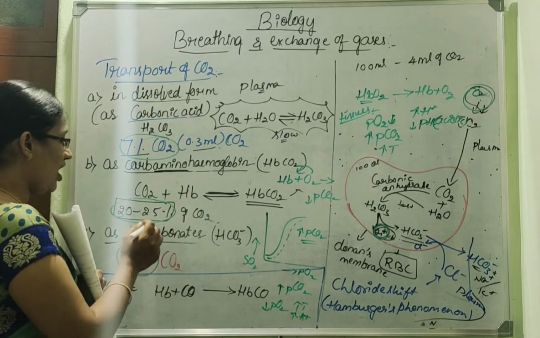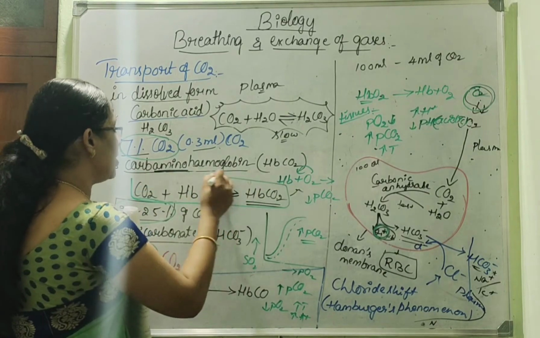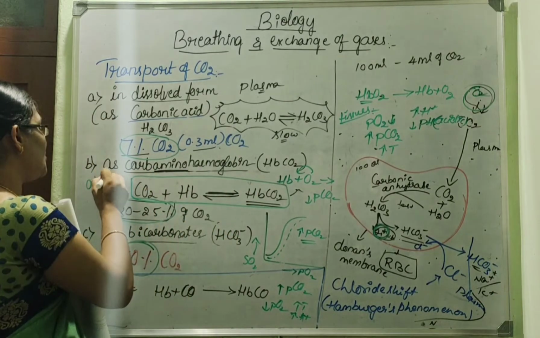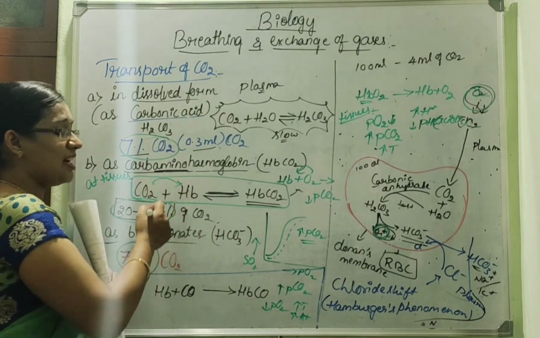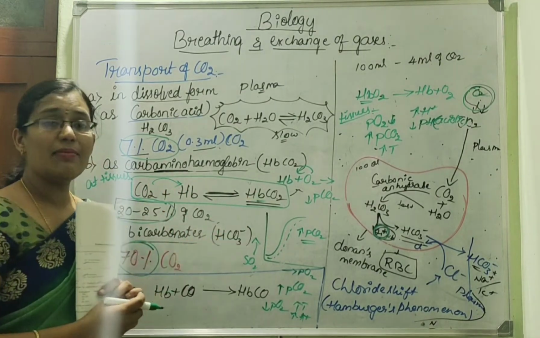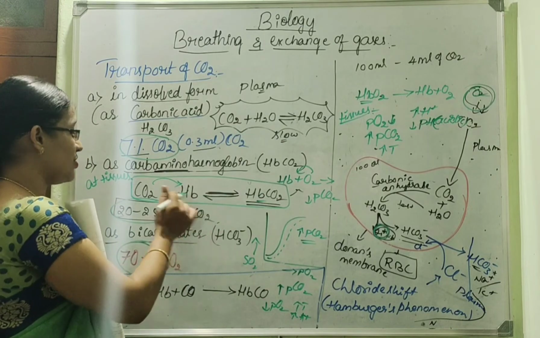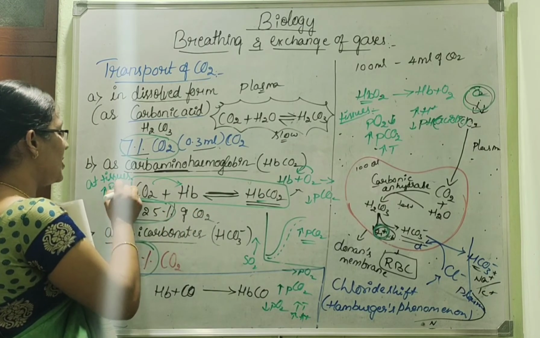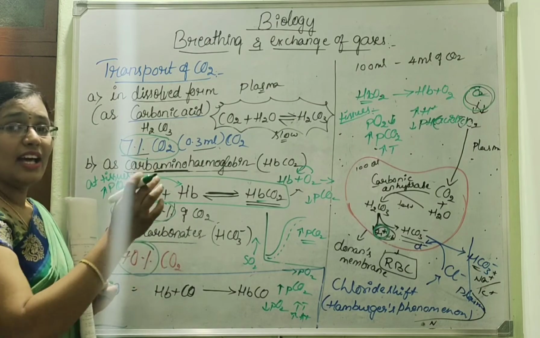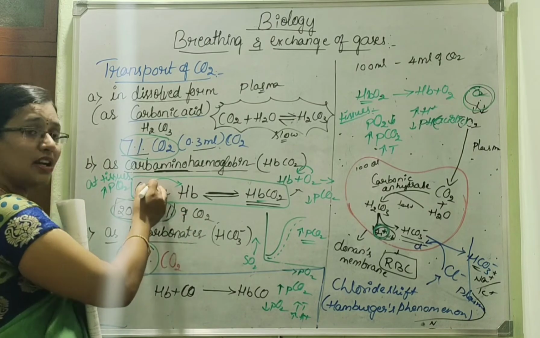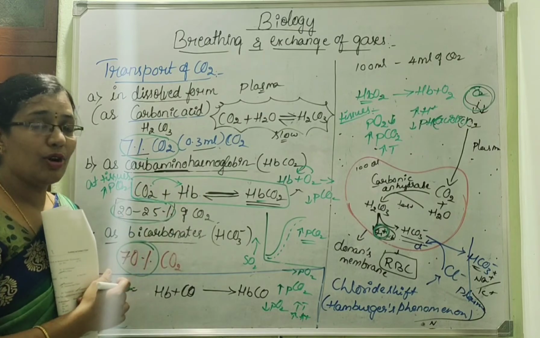The formation of carbaminohemoglobin takes place at tissues. At tissues, carbon dioxide combines with hemoglobin to form carbaminohemoglobin, because at tissues high PCO2 will be there. This condition helps in the combining of carbon dioxide with hemoglobin.